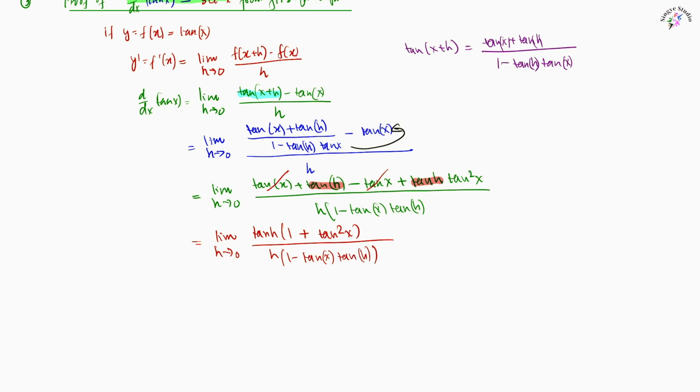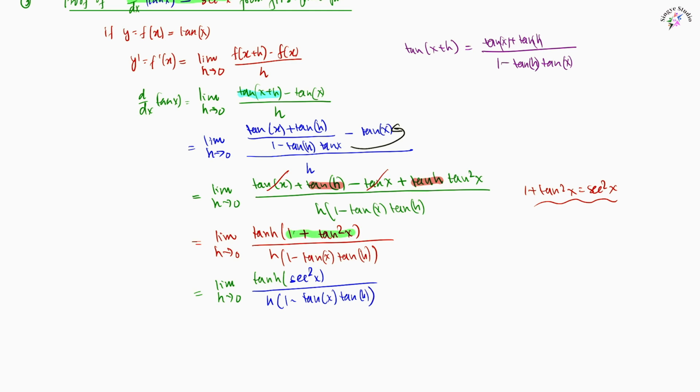And from the Pythagorean identity we know that 1 plus tangent squared x can be written as secant squared x. By replacing this, we will get the limit as h tends to 0 of secant squared x upon h times 1 minus tangent x tangent h.